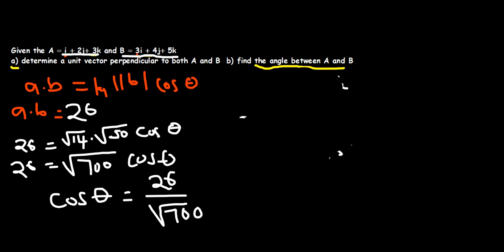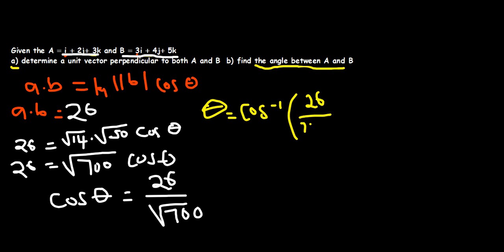So the final answer will be in this form: theta is equal to cos inverse of 26 over the root of 700. So that is the angle there. If you have a calculator, you can simply punch the calculator to find the actual value. But in most cases, even if you leave your answer like this, it will still be correct.